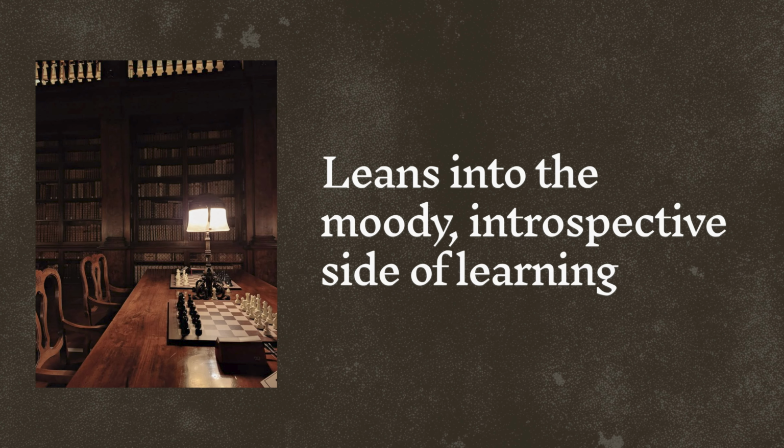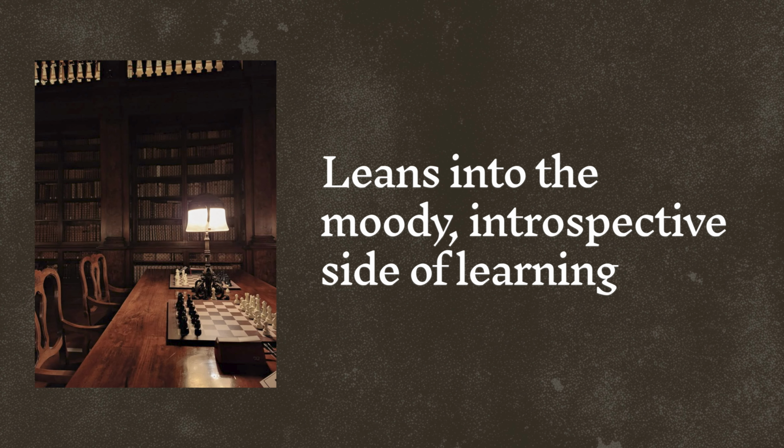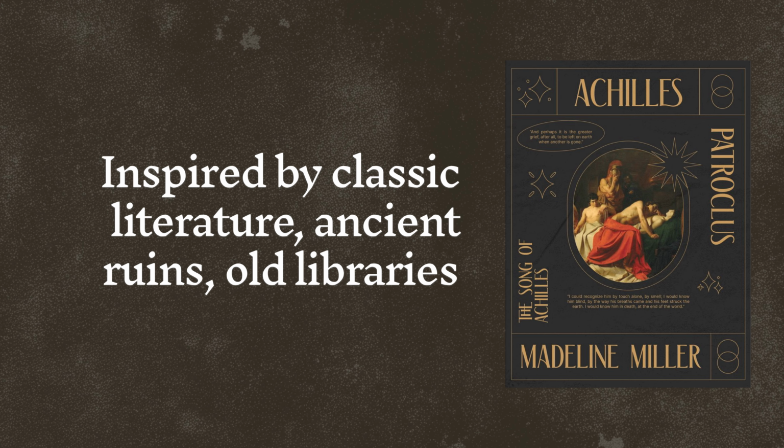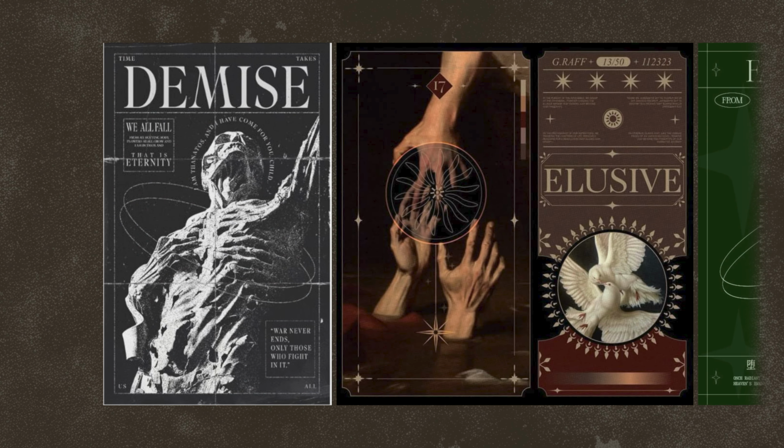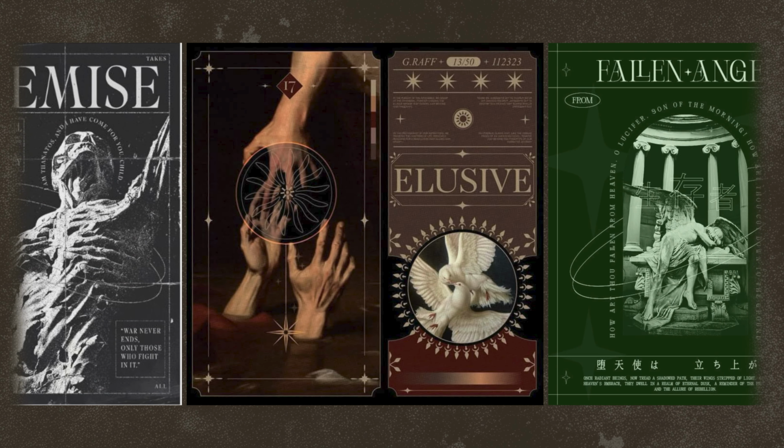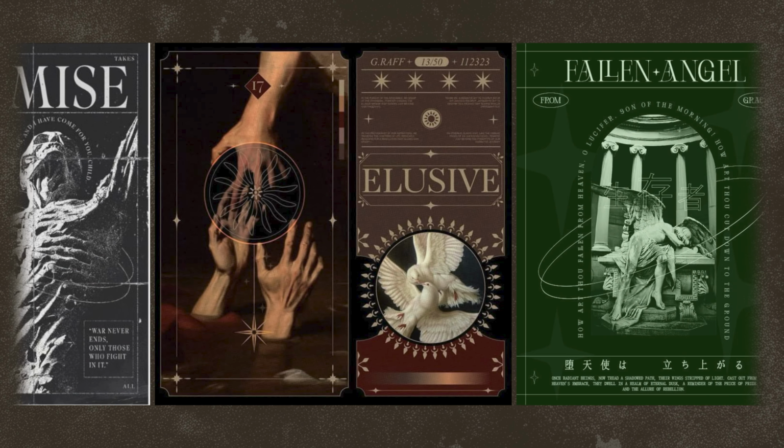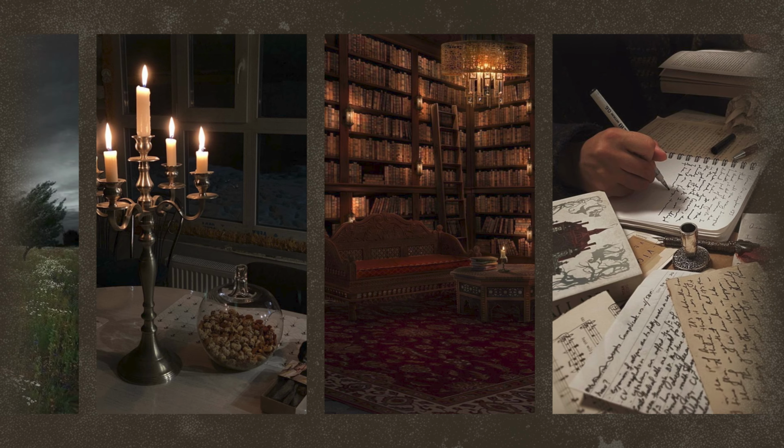Dark academia leans into the moody, introspective side of learning. It's inspired by classic literature, ancient ruins, old libraries, deep colors like charcoal, brown, forest green, and burgundy. Nothing vibrant, pretty much very muted. For imagery or inspiration, I'd say something like overcast skies, candlelight, handwritten poetry in a leather journal.